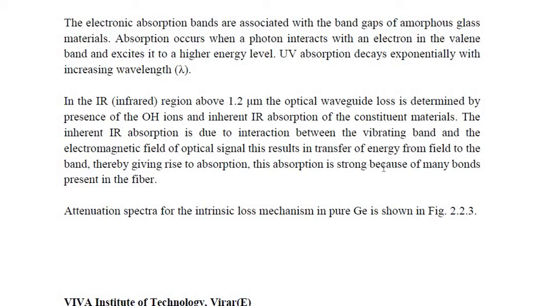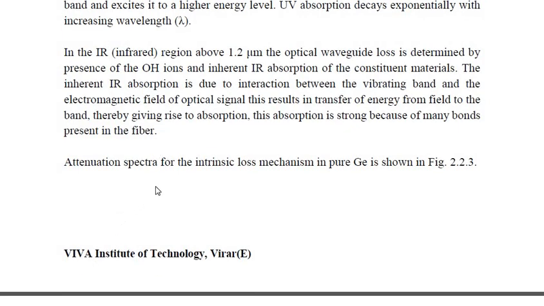This results in transfer of energy from the field to the bond, thereby giving rise to the absorption. This absorption is strong because of many bonds present in the fiber.